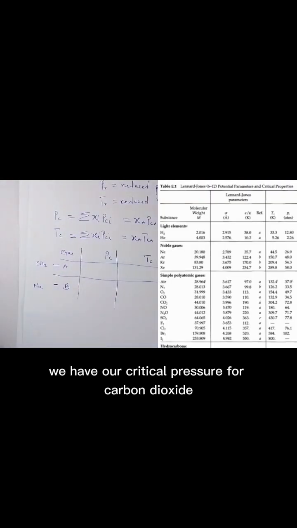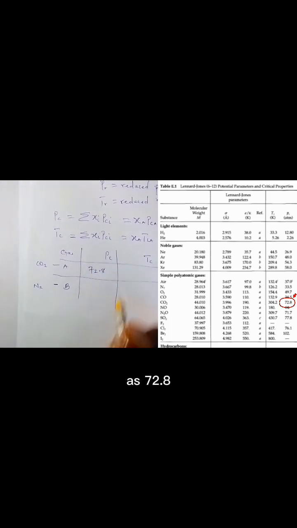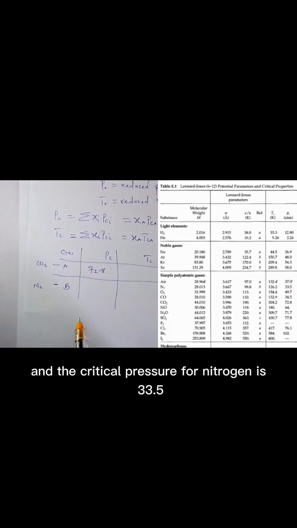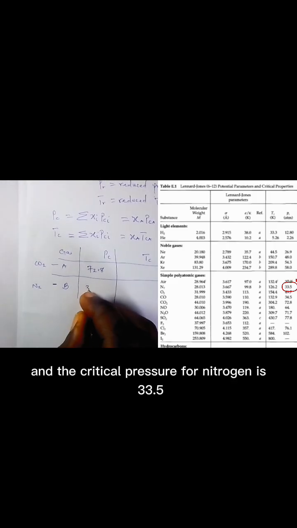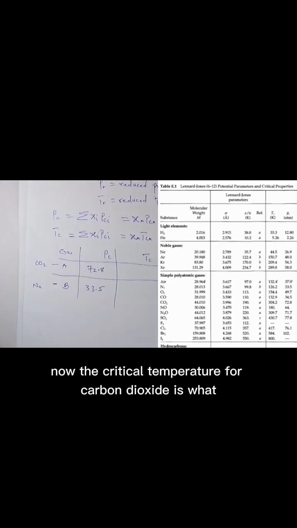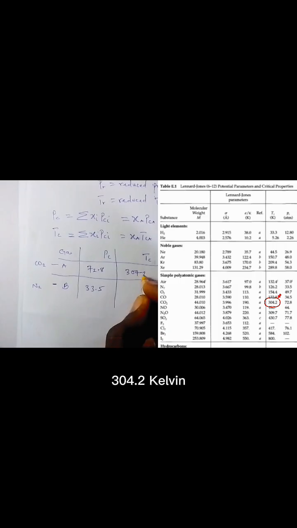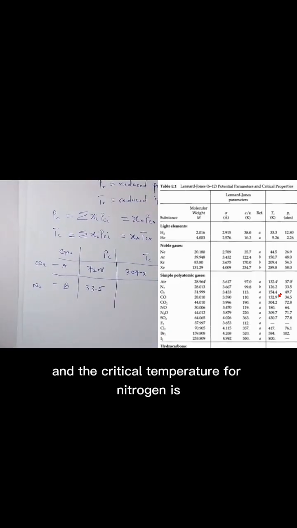Check this table overlay. We have our critical pressure for carbon dioxide as 72.8, and the critical pressure for nitrogen is 33.5. Now, the critical temperature for carbon dioxide is 304.2 Kelvin, and the critical temperature for nitrogen is 126.2 Kelvin.